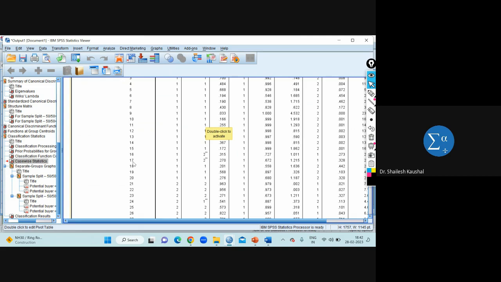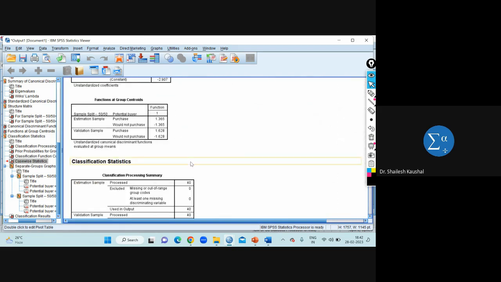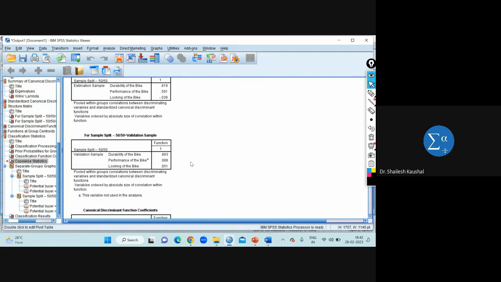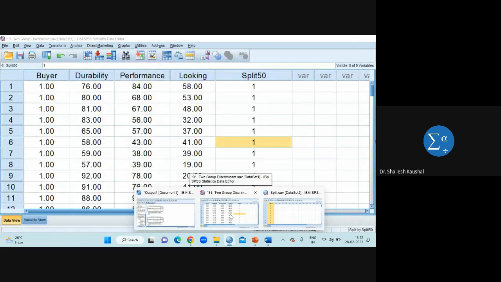Same as respondent number 17, he buys the product actually, but my model is saying he will not buy the product. Same for those who are not buying the product, but here case number 24, my model is saying he will buy the product. So there are two cases here, 33 and 24. My model has not correctly classified them. So my model is only 90% fit.